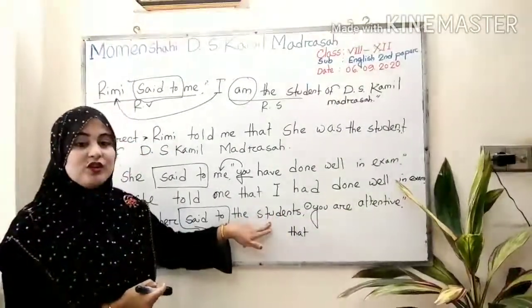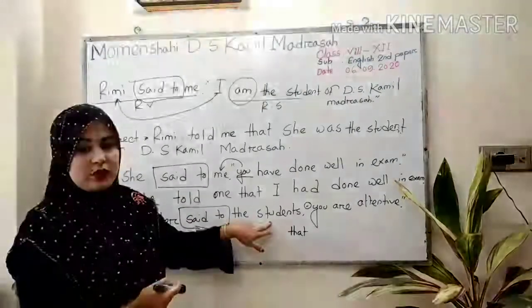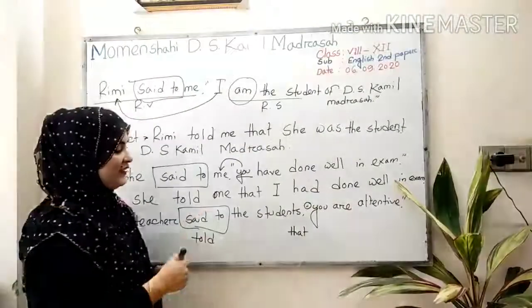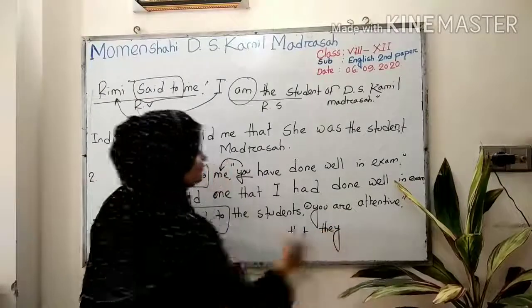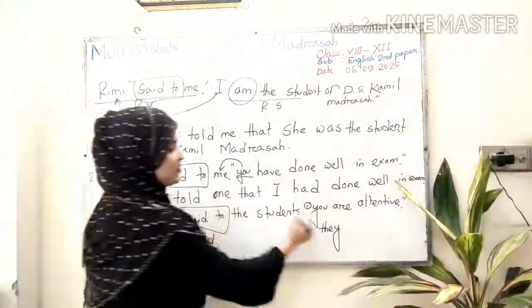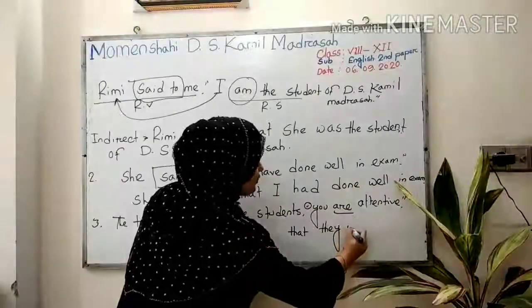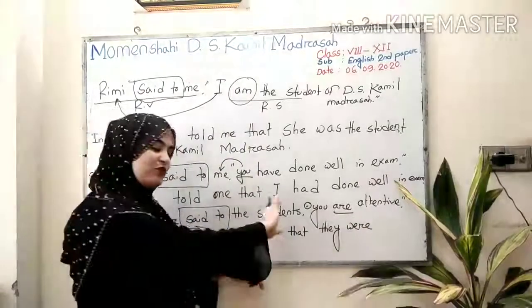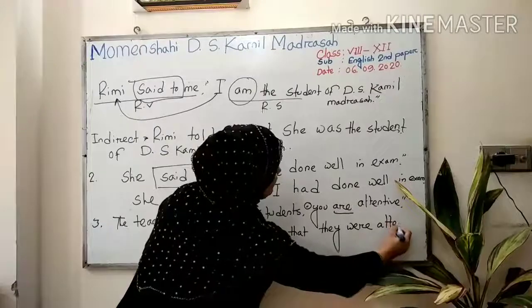Based on the objective form. Again look, as it is a noun and also plural, you can use there they, and also the auxiliary must be omitted and use here were, and the other words are unchangeable.